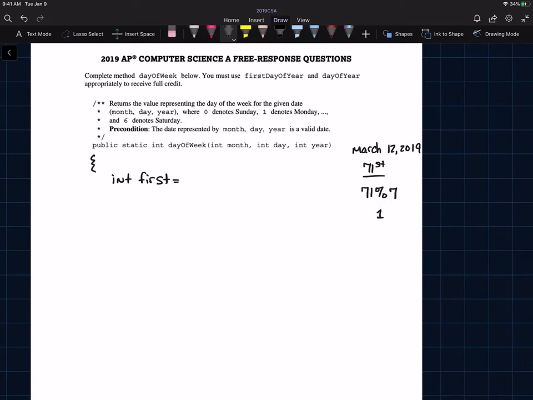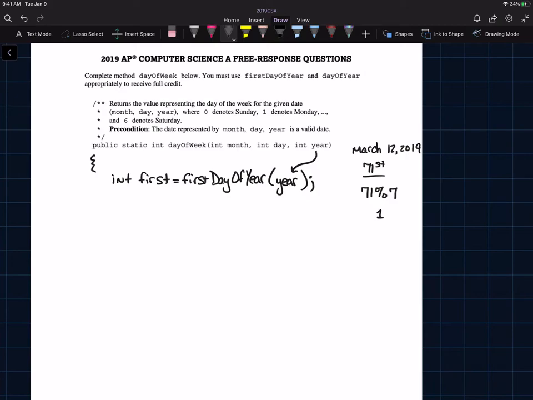Well, AP created a method for that: firstDayOfYear. All you have to do is send over the year, this variable that you already had in the parameter. Send it over, and now I will know the first day of the year.